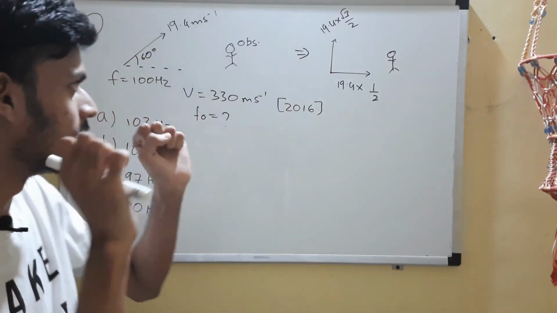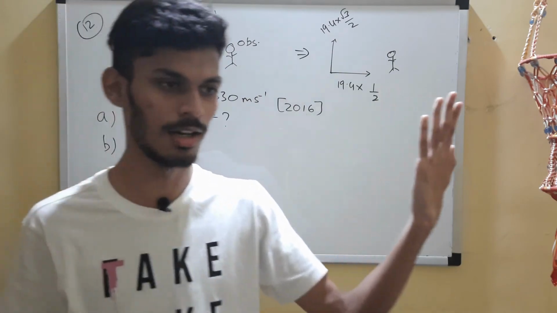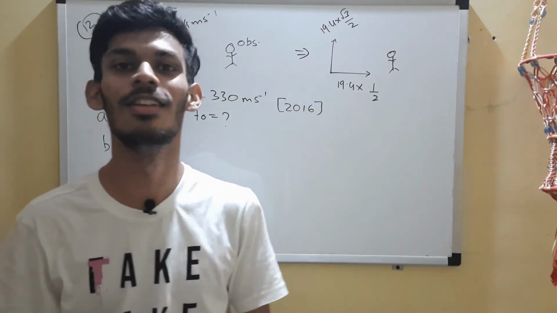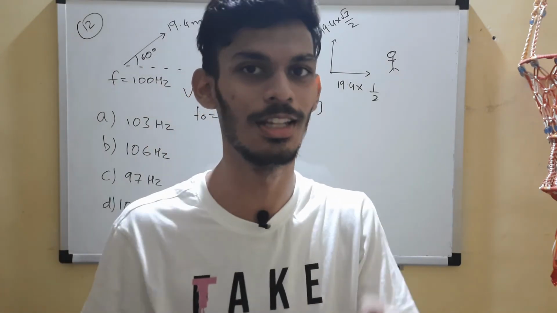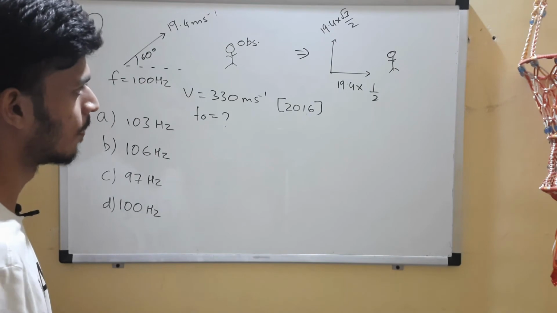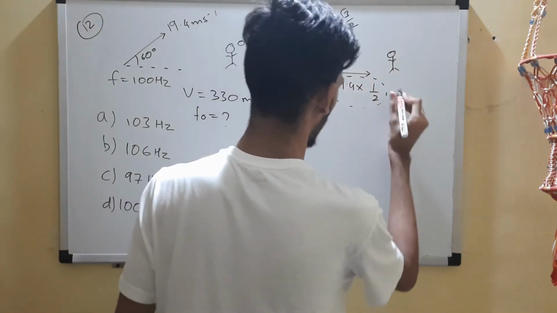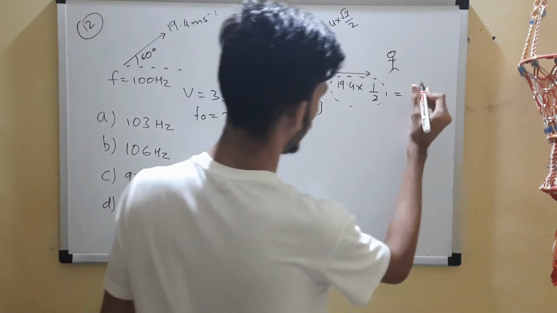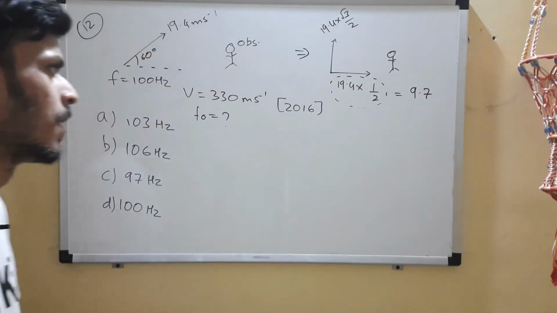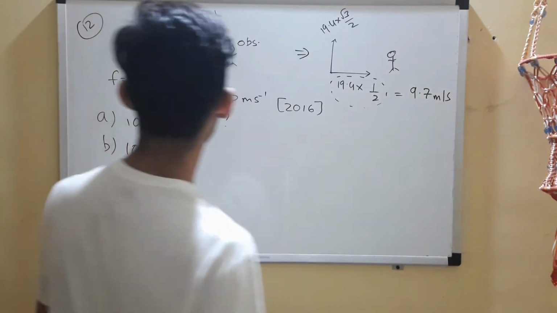I repeat the gist of it: the component which is parallel to the observer will not have any effect on the apparent frequency. Important point to note. So the only component contributing is this one, which, cancelling out, is 9.7 meters per second.